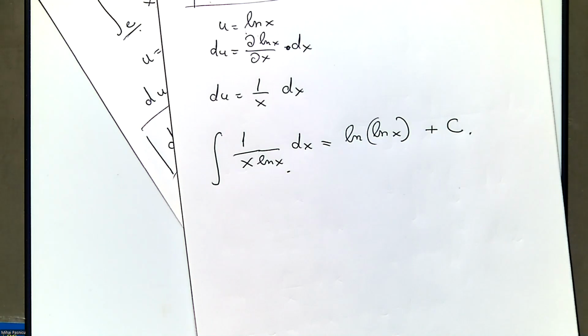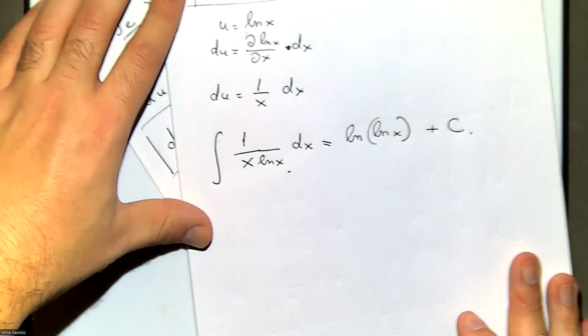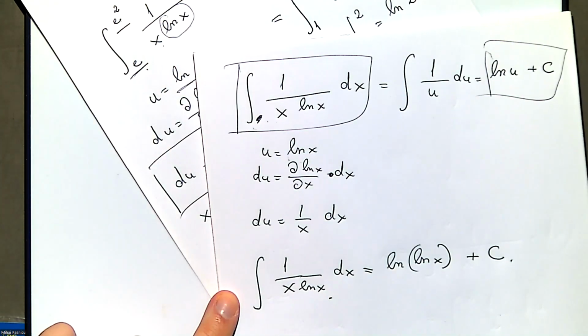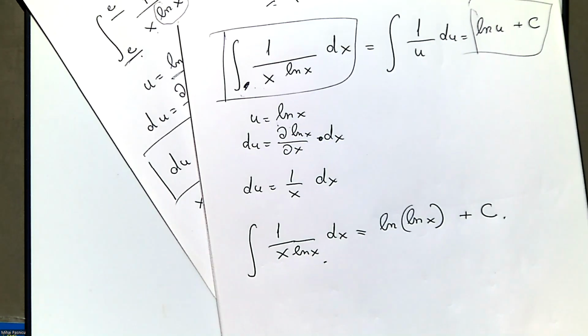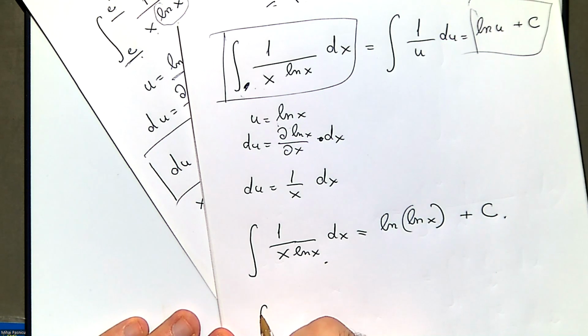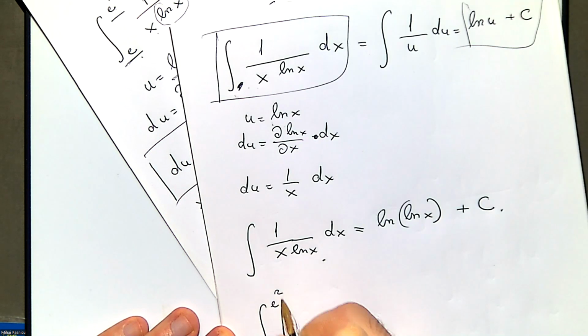Okay. So now there's two methods. If you want to, it's definitely way more work like this, but it's up to you guys. You can compute the indefinite integral. So I just computed the indefinite integral, which is equal to this. And now I just say, hey, I want to compute this from, what was it, e to e squared.